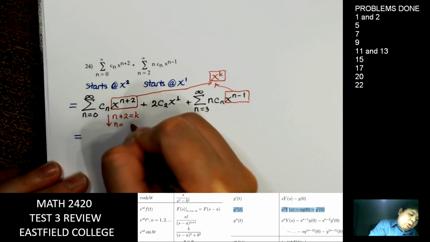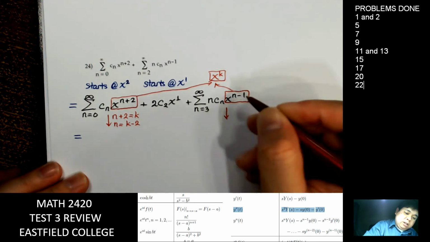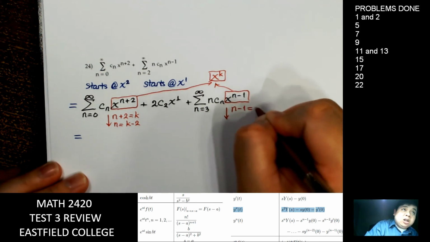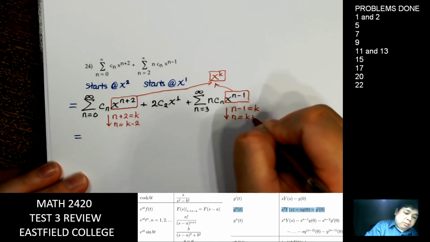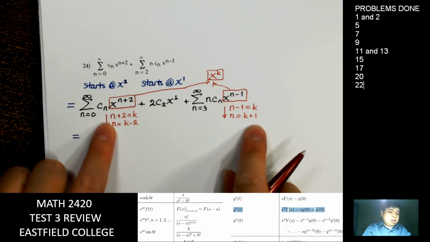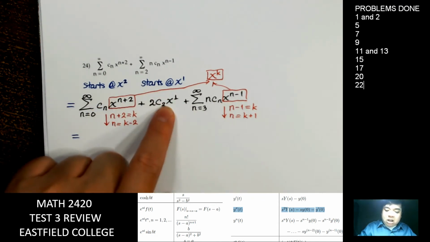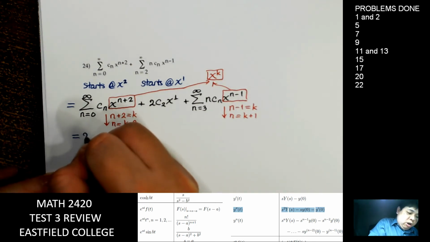Or n is equal to k minus 2. Same thing here. N minus 1 we match to k, and n will be k plus 1. Now we substitute this into this series. That term we just leave it by itself. So I put that in front, so we will not do anything.